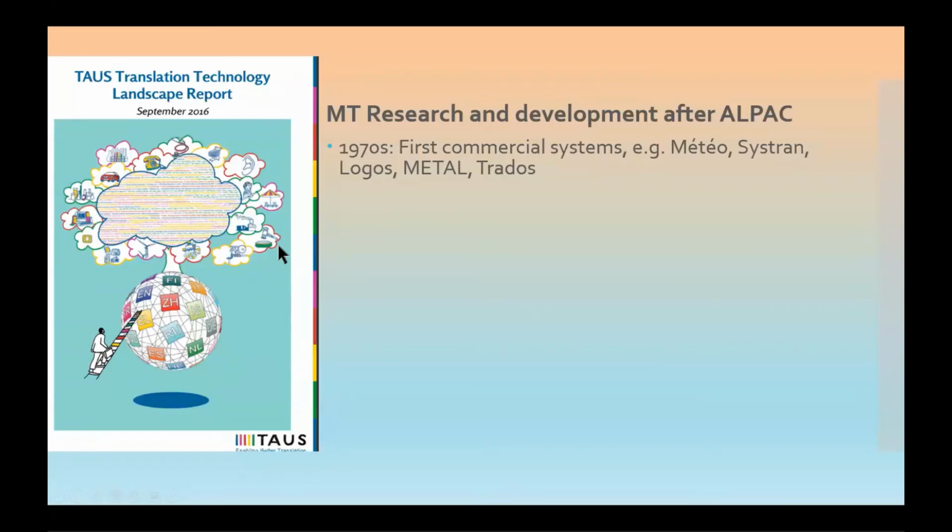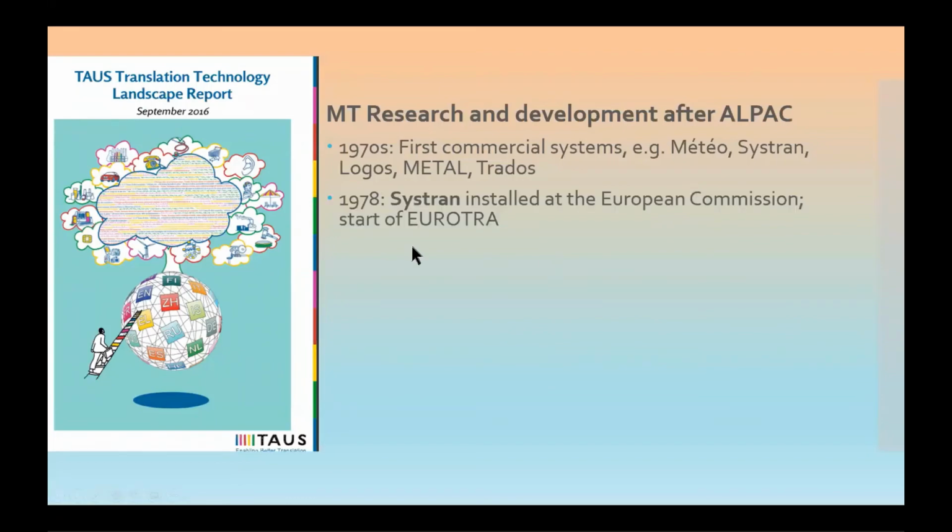The trouble was they weren't very good, and they weren't really usable except in niche applications. So this Météo one was a Canadian system that specialized in translating weather forecasts between English and French.